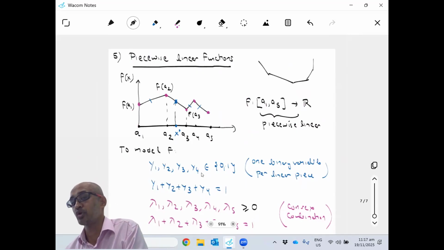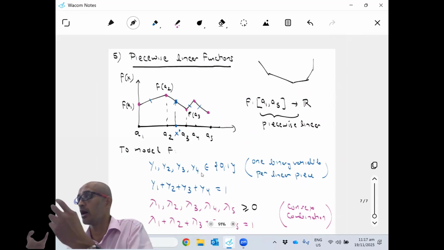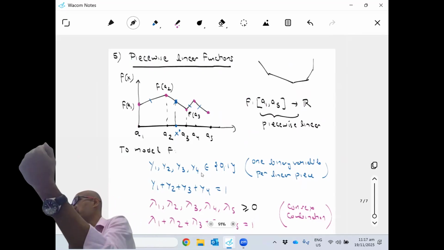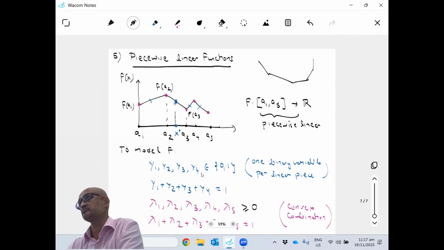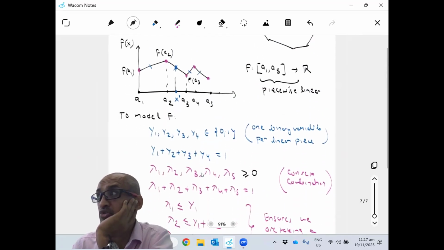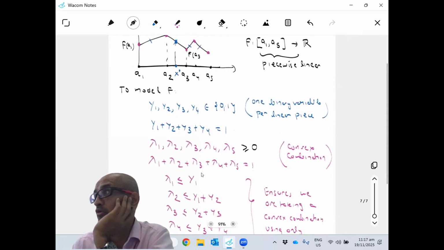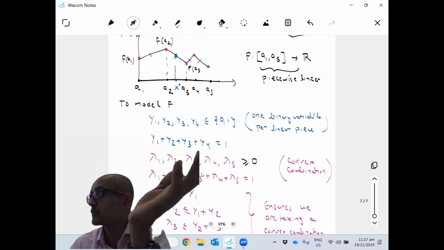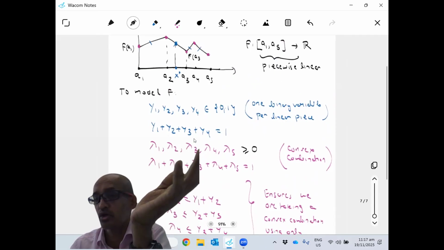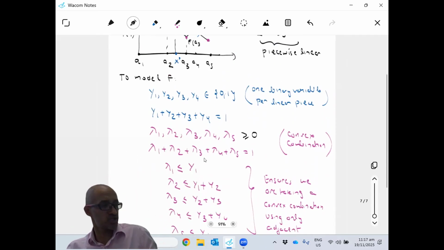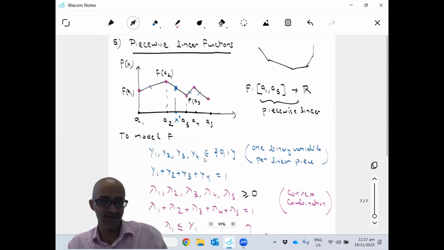The more you practice with these techniques, the more comfortable you will get. Any questions, or is the logic of all these things clear? Just shake your head if you understand, that's fine.